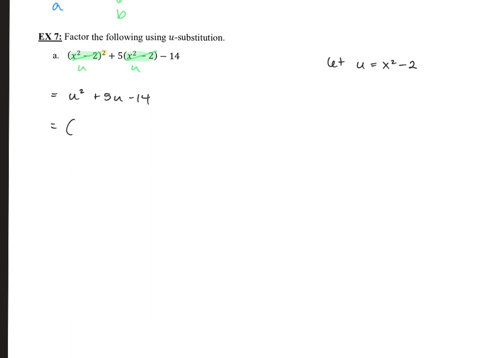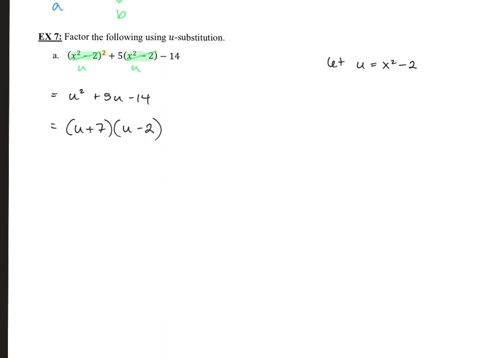That's going to be, let's see, I want to use factors of 14 that will give me 5. Factors of 14: 1 and 14, 2 and 7. Well, if I subtract 2 and 7, I can get 5. Alrighty, there we go. So I found the factors. That'll be u plus 7, u minus 2.